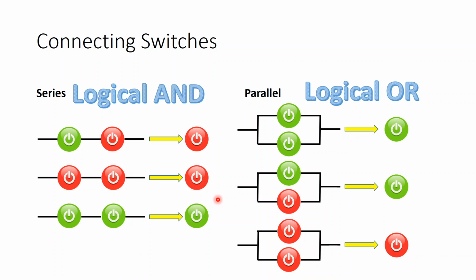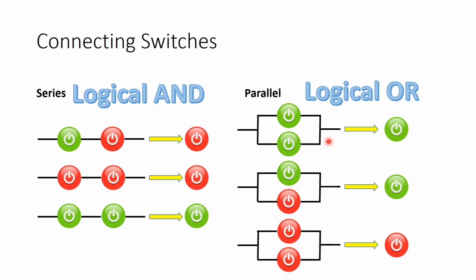This is also one system of assignment, the positive logic system. Then the series connection is logical AND and the parallel connection is logical OR. And this would be exactly the opposite when we are working with the negative logic system.